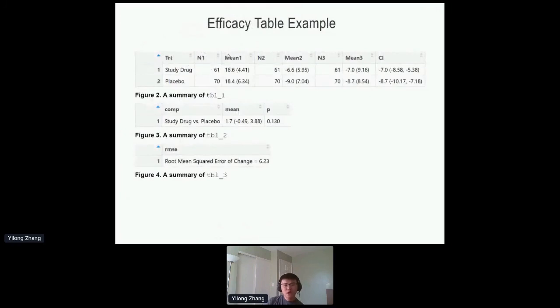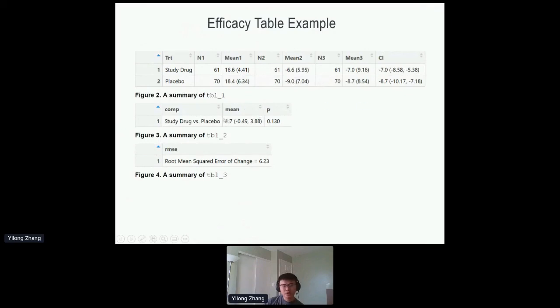So for this one, I will present a slightly more complicated example. In a typical efficacy analysis, we are required to combine multiple small data frames into one table. In this example, it's an ANCOVA analysis. In the first part, we summarize the basic information by treatment group, like the subject number, the average, and also the confidence interval.